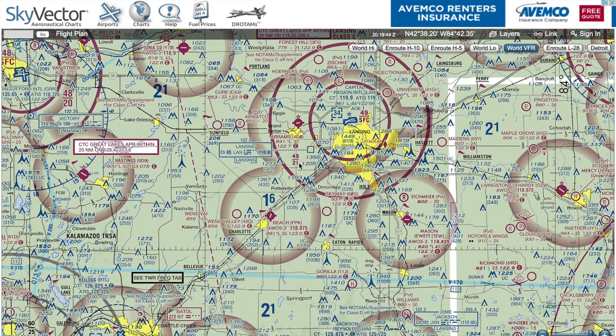Right here, 21 to 49, 2,100 feet to 4,900 feet. So again, upside down wedding cake. It's okay that I fly here, but as soon as I cross that line, now the Class C extends all the way to the surface, and I would have to get authorization to fly in here.